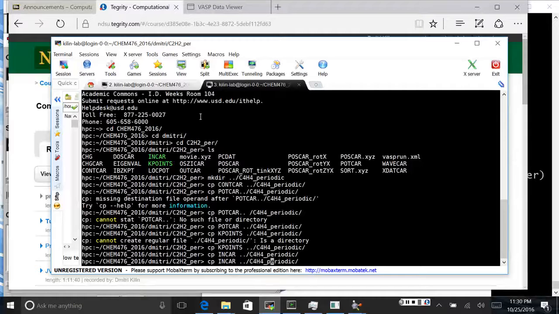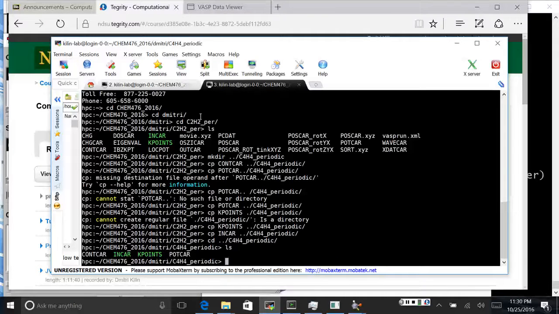So I'm only copying from the source directory and I'm not erasing anything there. Now I'm going to the new directory. There we have 4 files.